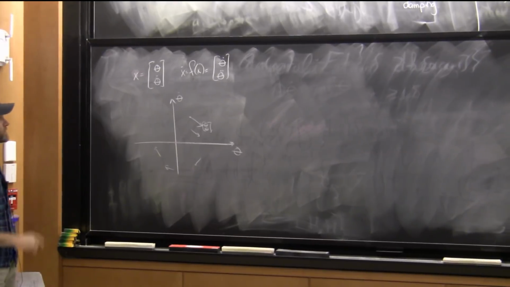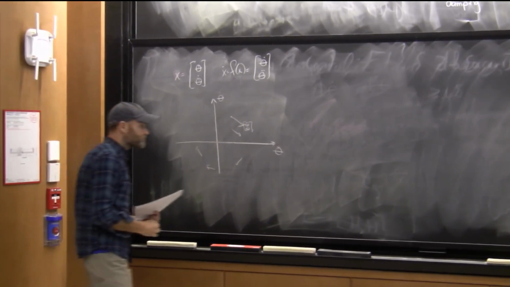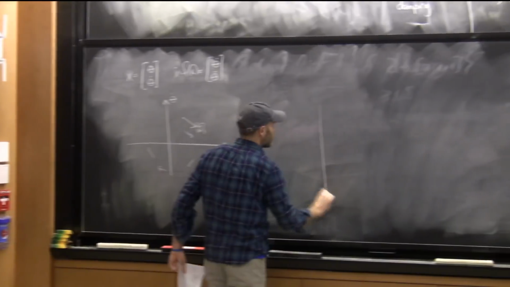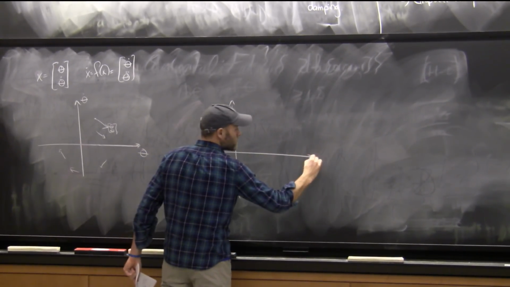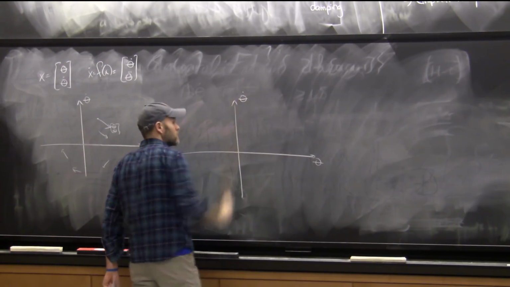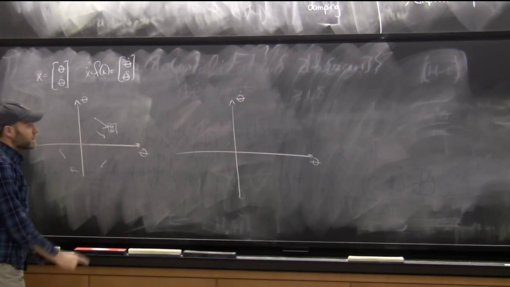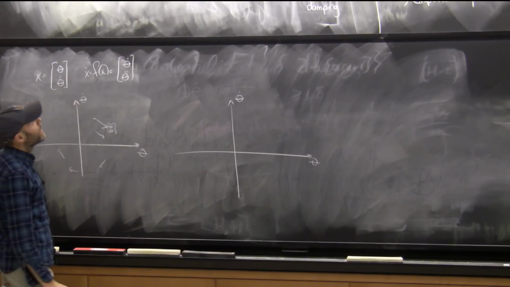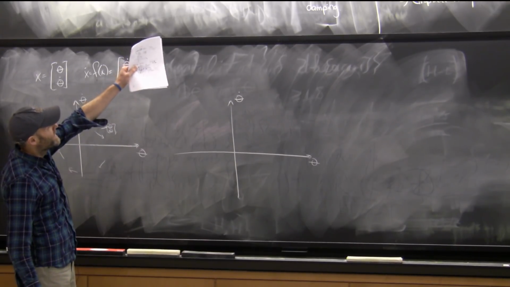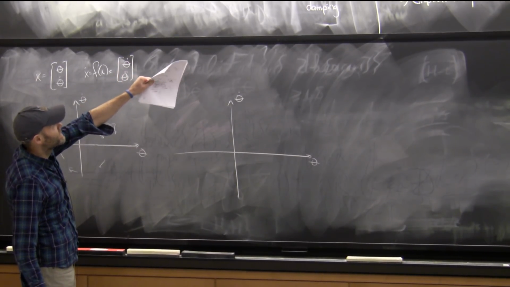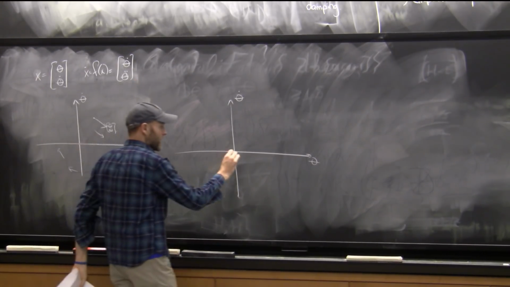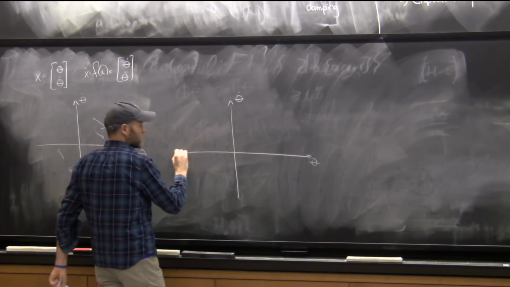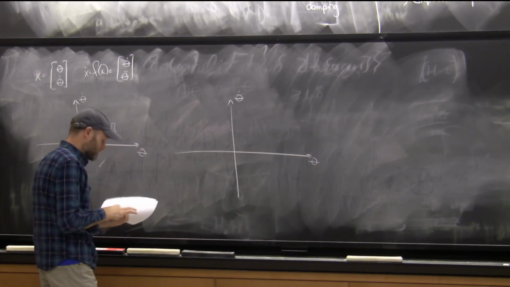So let's draw the vector field of the pendulum. The first thing is it's easy when theta dot is 0, which is along this axis here. That's an easy thing to plot.